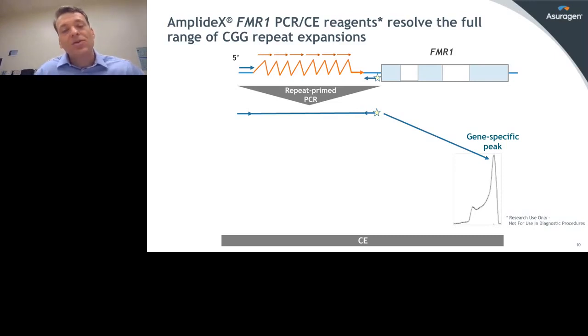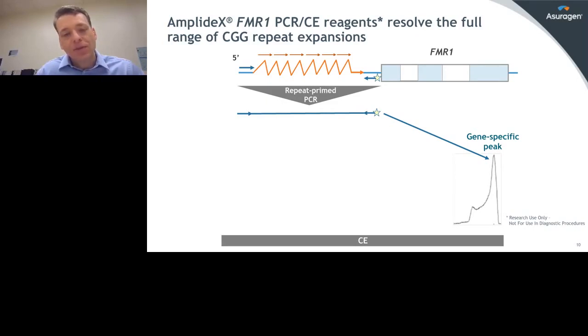And then the contrast to that is a complementary signature. It's generated from the combination of each of these repeat primed primers with the reverse primer to create a series of different peaks that are separated by 3 nucleotides or 1 repeat unit. And this can telegraph a full mutation no matter how long it may be, because we've optimized the primer concentrations to be able to generate this repeat prime pattern all the way out to 200 repeats or all the way out to a full mutation.